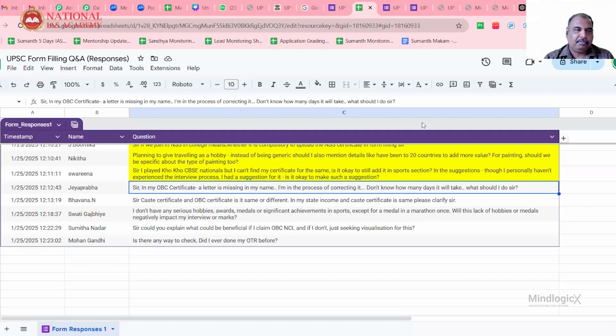Sometimes even 2 days; there are instances we got a new certificate within 3 days. Since it is in process, you can look out to the officer, make an appeal that the application is pending. But without that correction, it's not possible. Yeah, please look into it. So I hope that's clear.